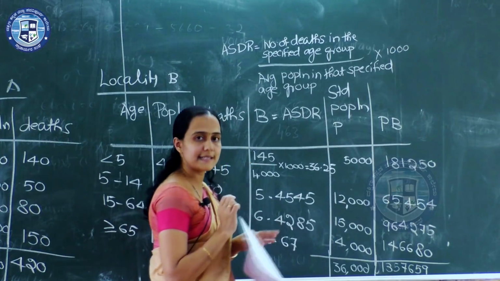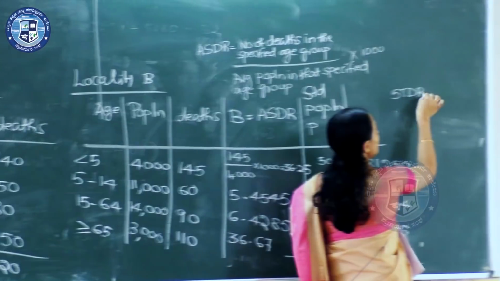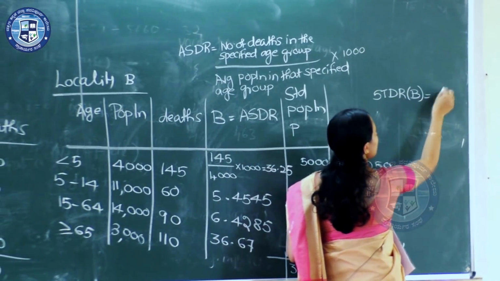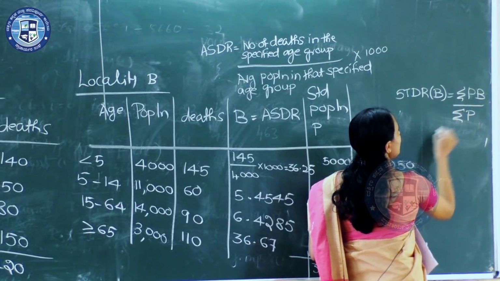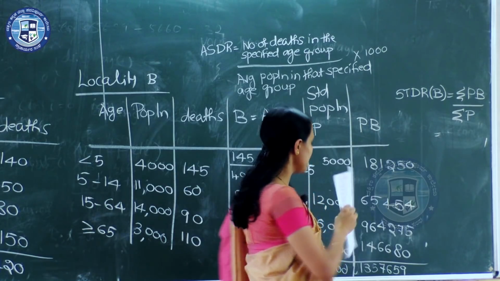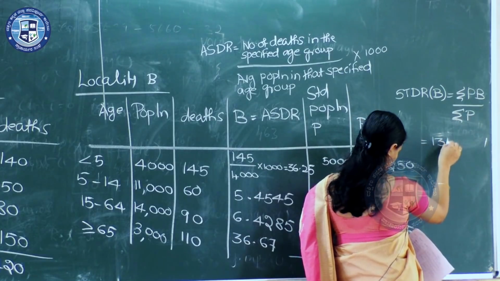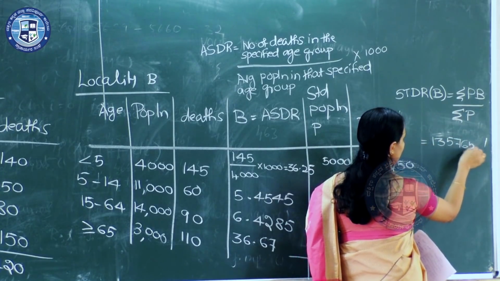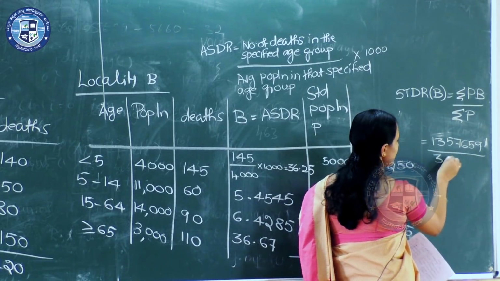Next, find STDR of B. So STDR of B equal to sigma PB divided by sigma P. Into 1000 is not there. Remember, sigma PB total is this one, 1357659 divided by 36,000.